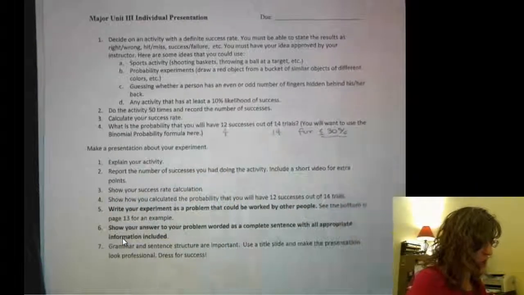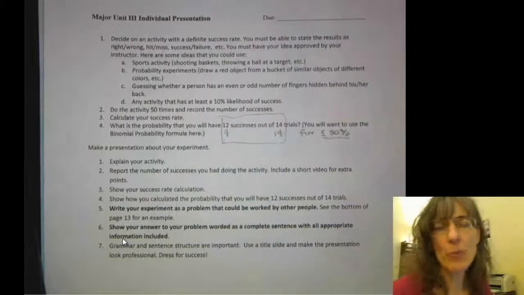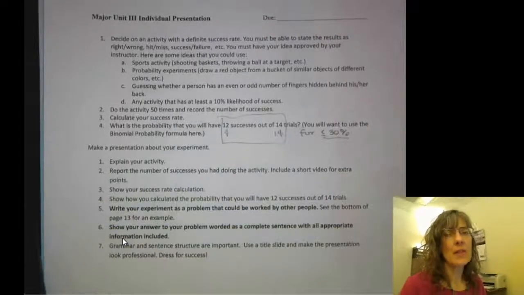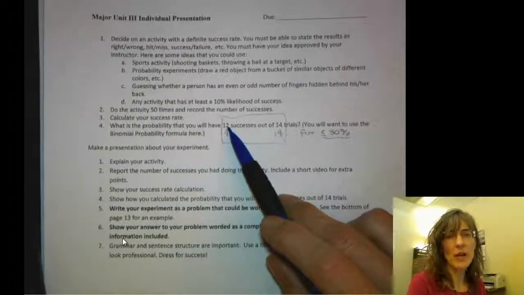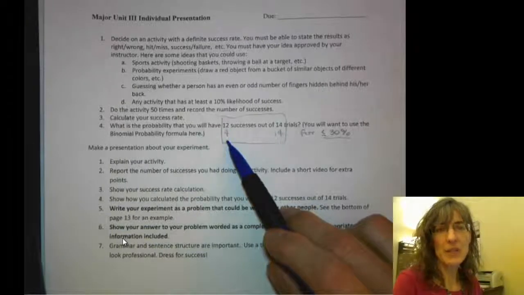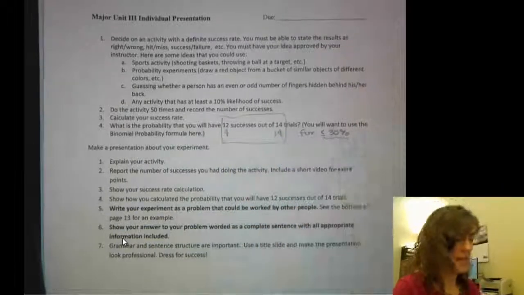So now we're just thinking about the problem in terms of if we were to do it 14 times, what is the probability that 12 of those times, if you had a success rate that was higher than 30%, or 4 of those times, what is the probability that exactly 4 of those times you had a success?